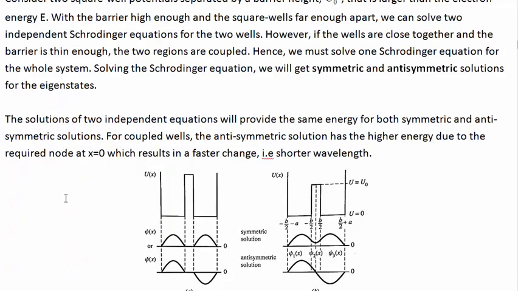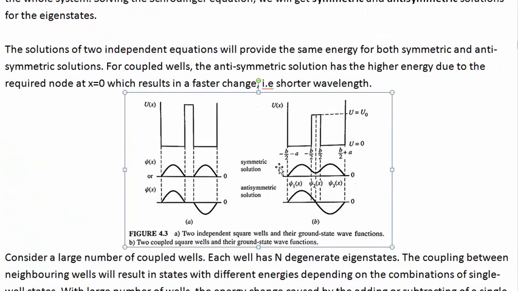If we have a lot of square wells and we want to couple them together, let's suppose we just start off with 2. If there's an infinite barrier height between them, then they don't interact with each other. But if there's a finite barrier height, then there's 2 important ways they can interact: the symmetric solution and the anti-symmetric solution. The symmetric solution turns out to have a little bit lower energy than the anti-symmetric solution.